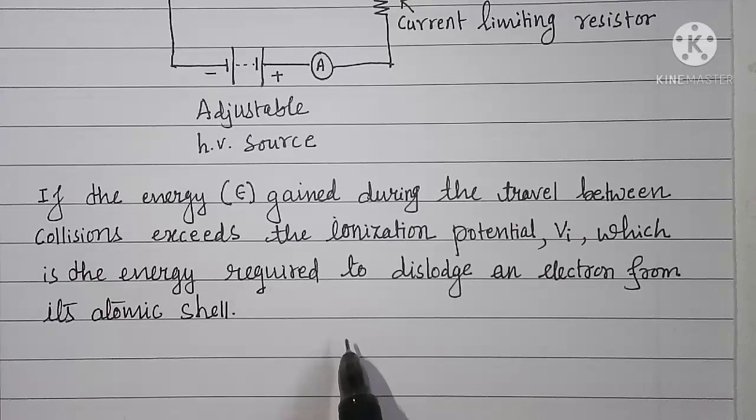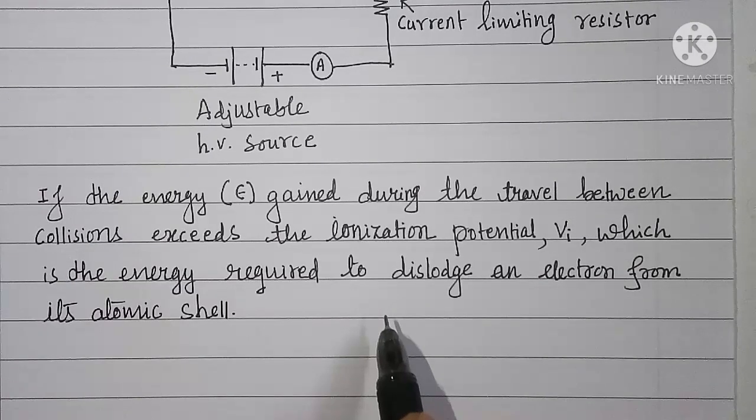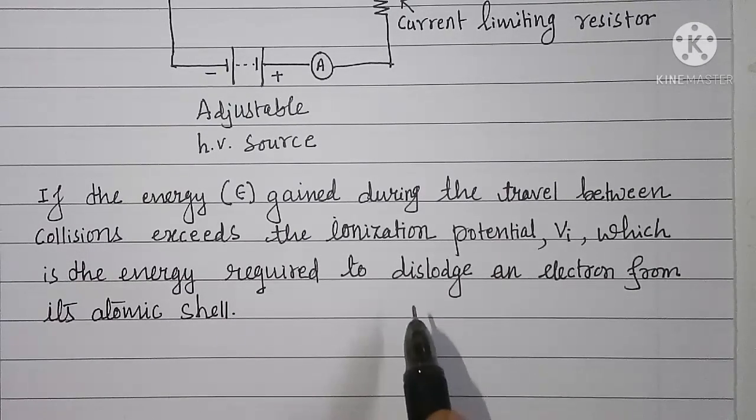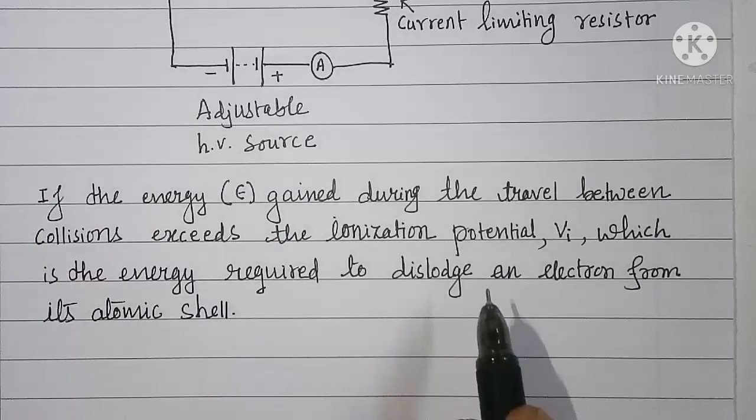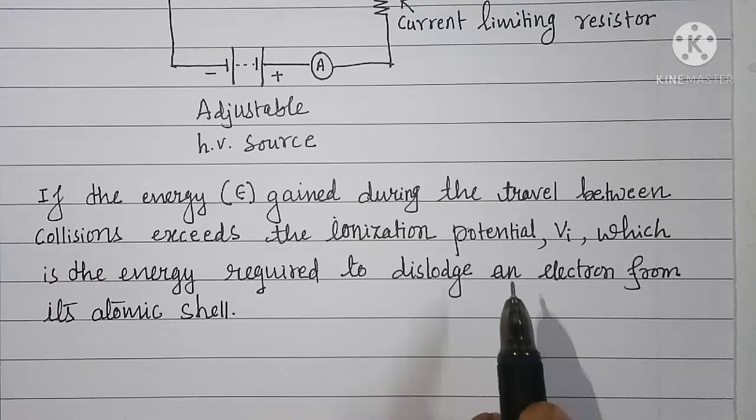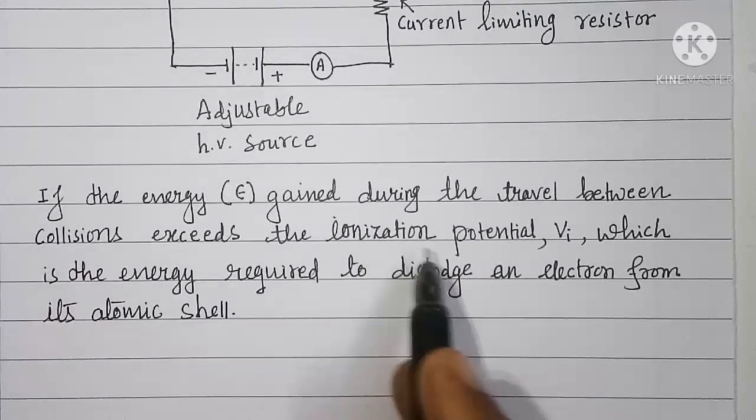We all know that electrons which revolve in the shells of an atom are being held in their positions by the attractive force of protons that are there in the nucleus. So to overcome that force of attraction, a sufficient energy is to be applied to the electrons that are there in the outermost shell, and that sufficient energy is called ionization potential.